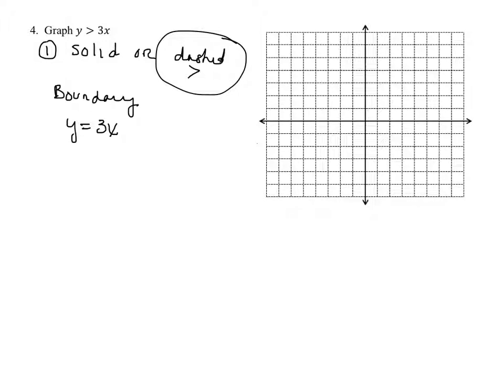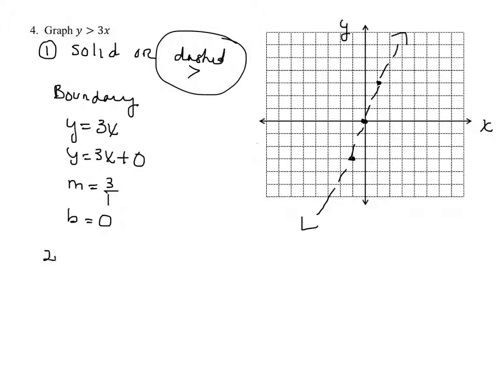This one's also very nice because you can think of it as y is equal to 3x plus 0. So the slope is 3 over 1. Your y-intercept is 0. Label your cute little axes. And we start at 0, go up 3, right 1. You can go down 3, left 1 if you want to. And we're going to dash the line. Dashed is usually easier for me, but maybe not today.